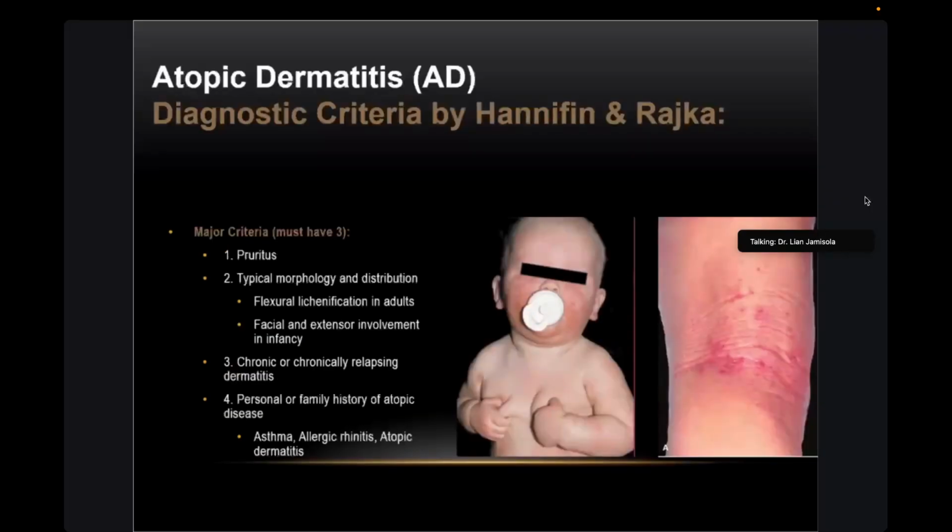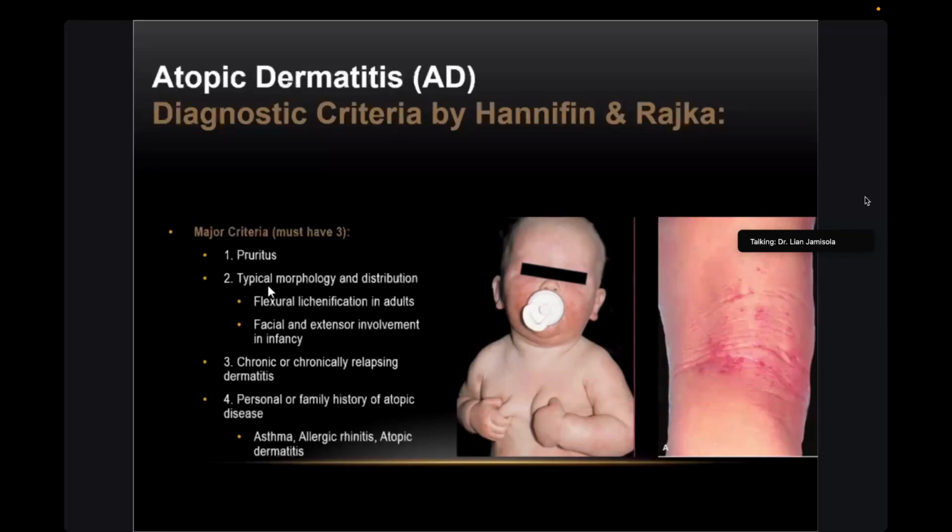So the diagnostic criteria for atopic dermatitis, because atopic dermatitis we diagnose clinically, no? We can diagnose clinically without the use of laboratory testing, but we follow this diagnostic criteria by Hanifin and Rajka. Here you have major criteria and you must have 3 of these 4. So what are the four? First is pruritus.